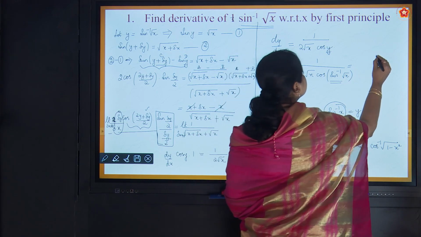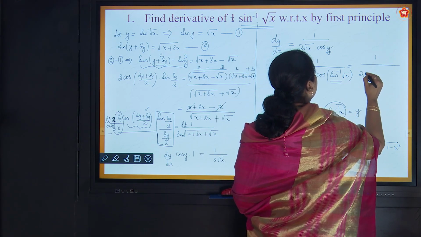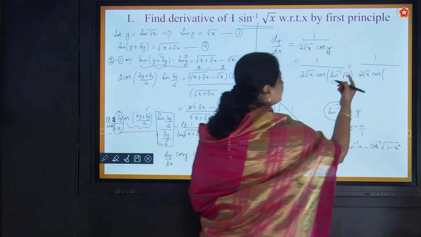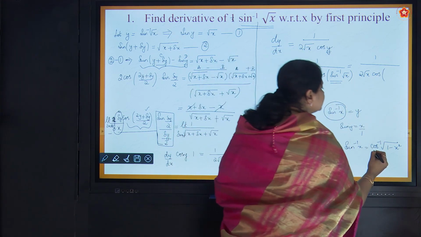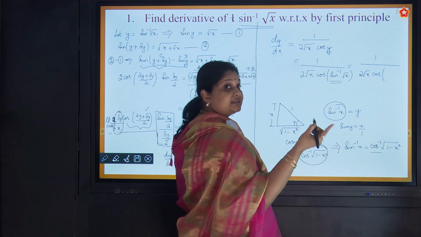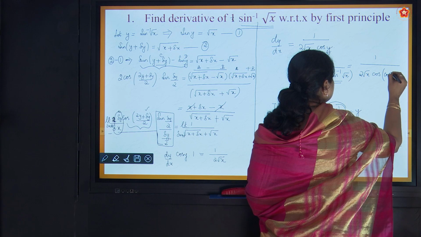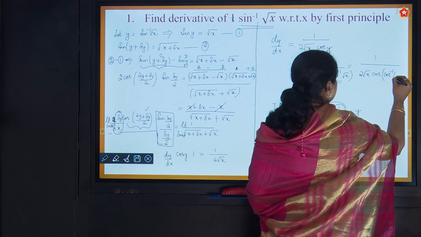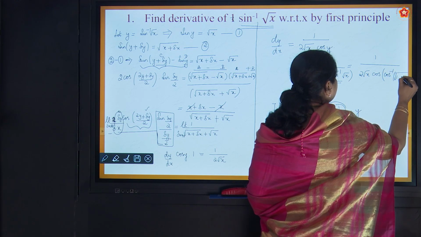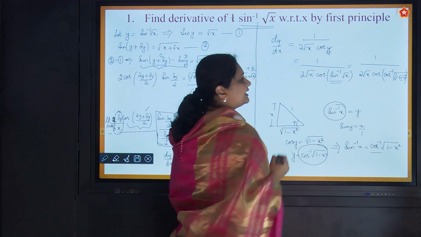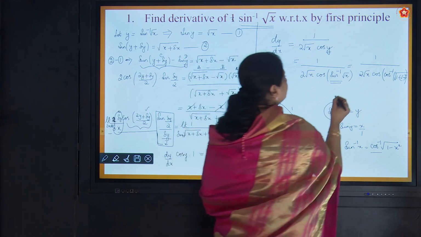I'm going to rewrite this as 1 by 2 root x into cos of, instead of sine inverse of root x, I'm going to write it as cos inverse of root of 1 minus root x the whole square. Because I have root x here, the angle has to be squared. So what do I get?